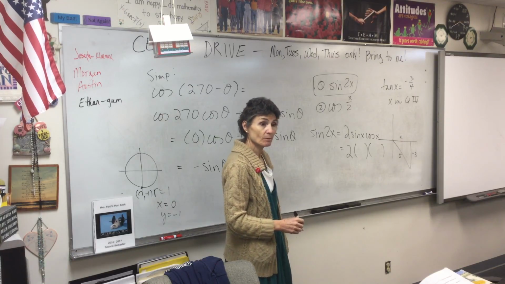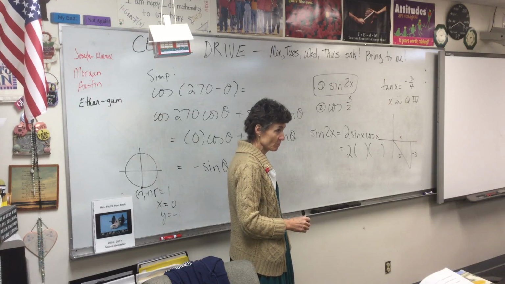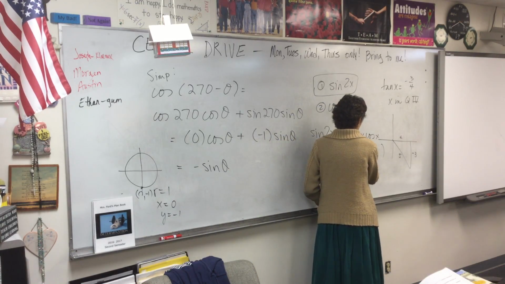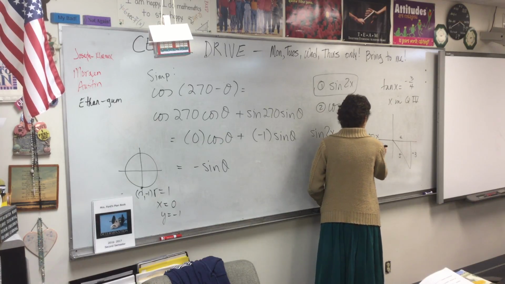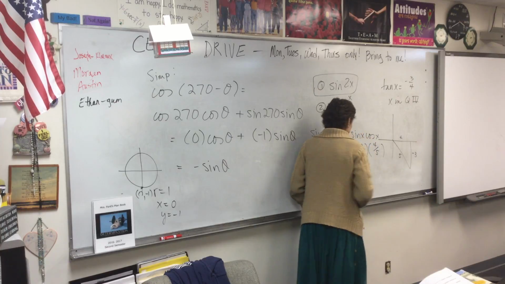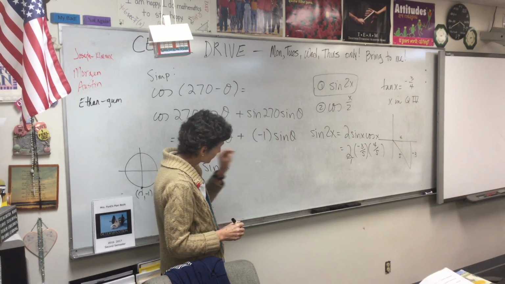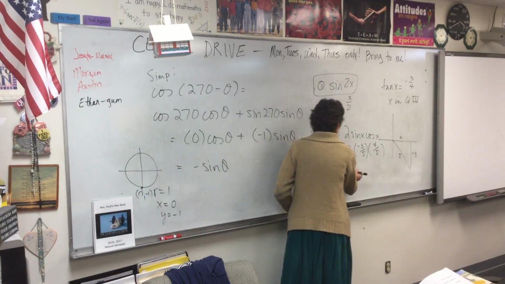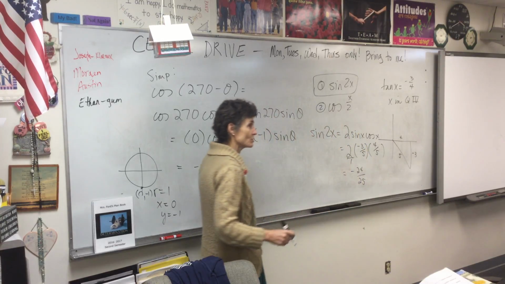And I'll get those numbers where I always get them, from my picture. So what's the sine? Negative 3/5, and the cosine is 4/5. Now when we multiply this, remember it's fractions times each other straight across. So the answer will be negative 24/25. That's all there is to it.